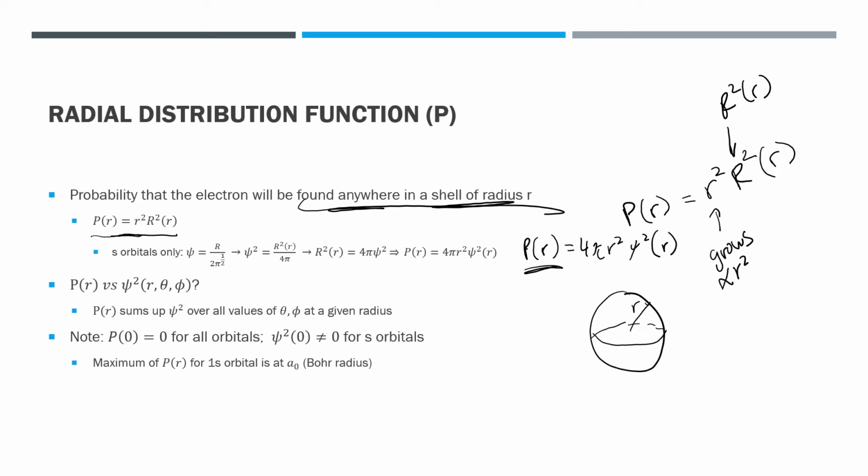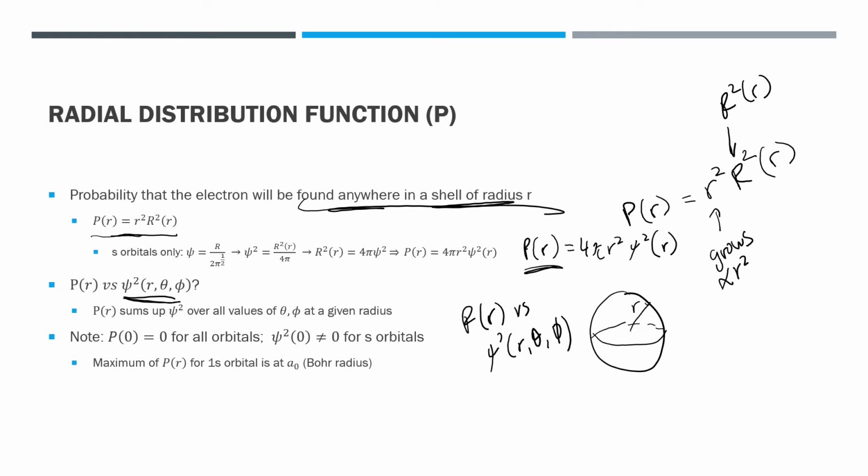Okay, so what is the difference between P of r and psi squared of r? This is a really important distinction: P of r versus psi squared of r, theta, phi. P of r sums up my psi squared over all the values of theta and phi at a given radius.